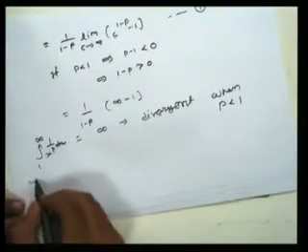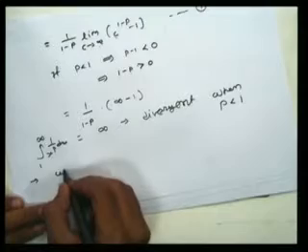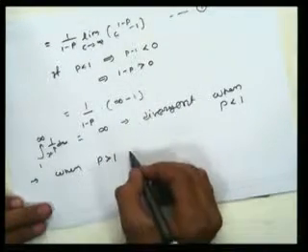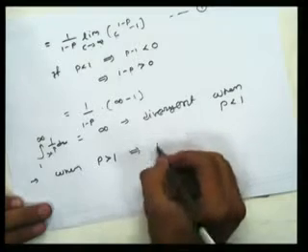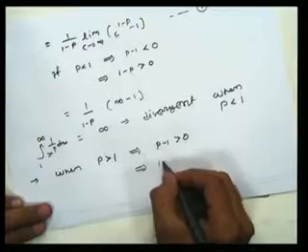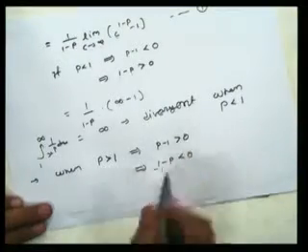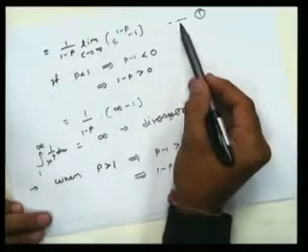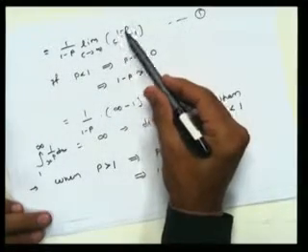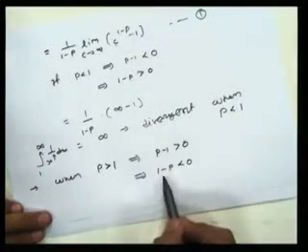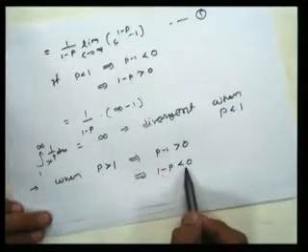Now we consider another situation, when p is greater than 1. Then p minus 1 is greater than 0, and this implies 1 minus p is less than 0. You see in equation 1 that the power of c is 1 minus p, but in this case 1 minus p is less than 0.